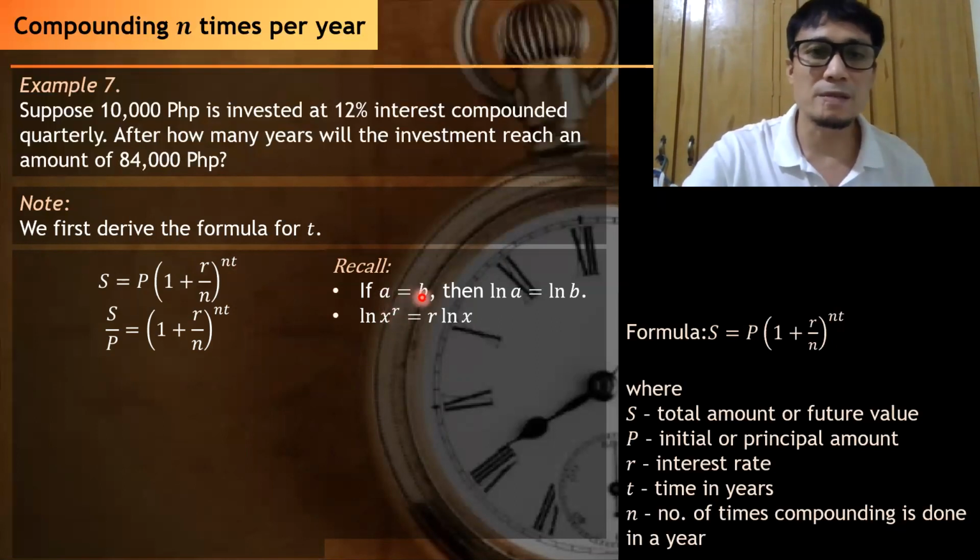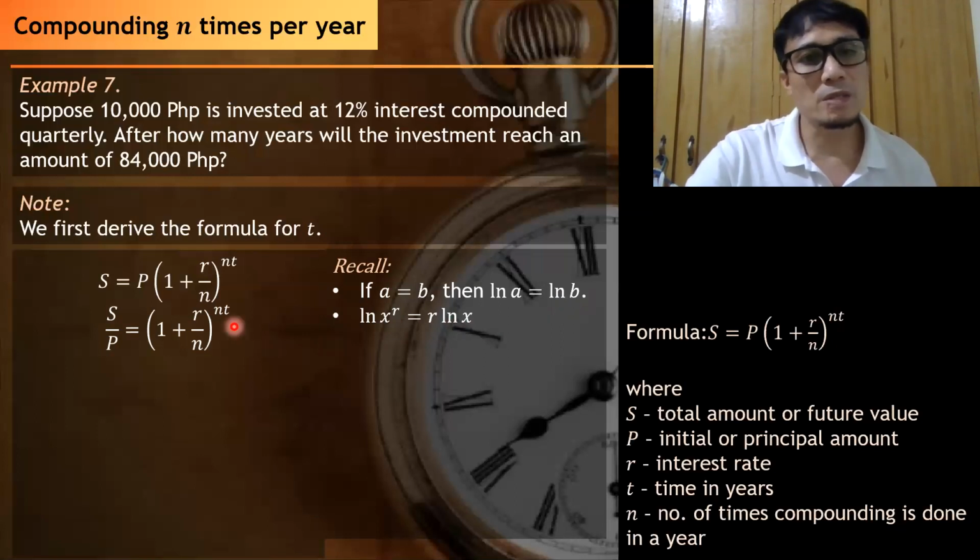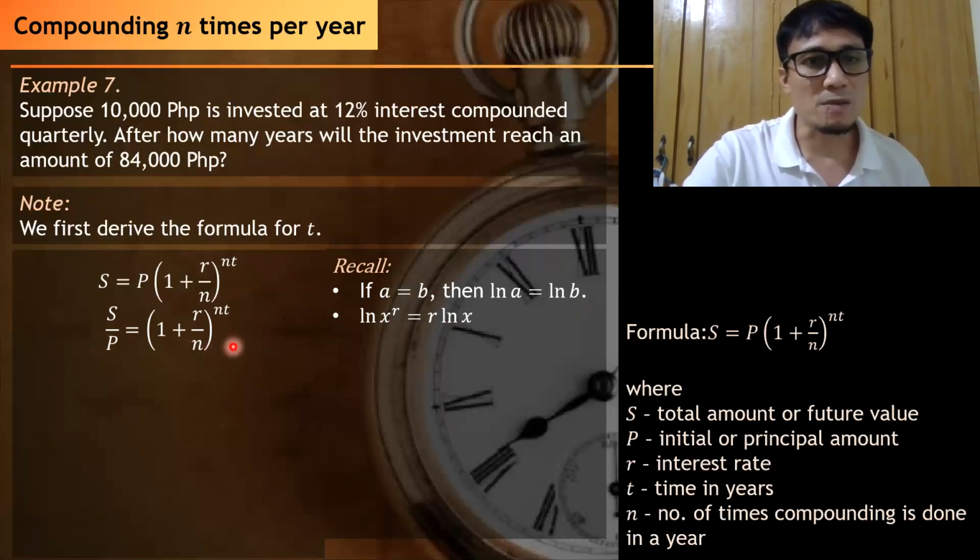If you have two equal numbers, their ln's are equal. And ln of x to the r equals r times ln of x. Since we want to isolate the t here, we should convert this t to a non-exponent number. First step is to express both sides in terms of ln.